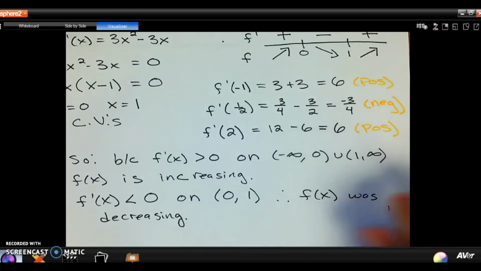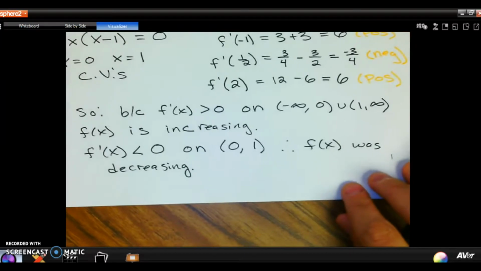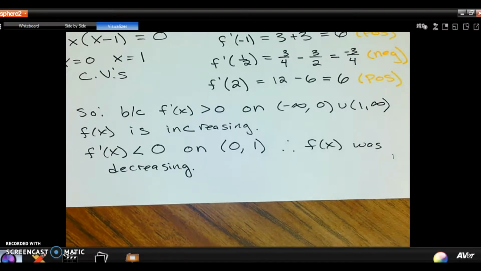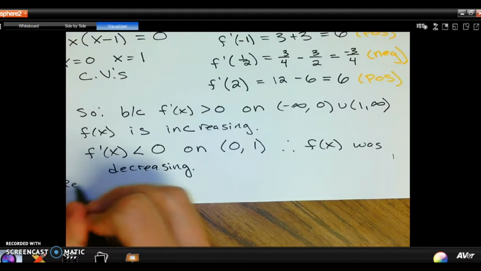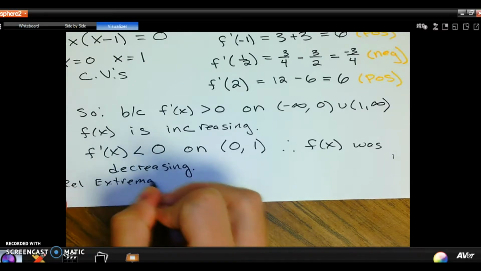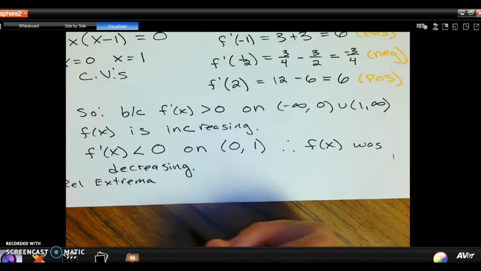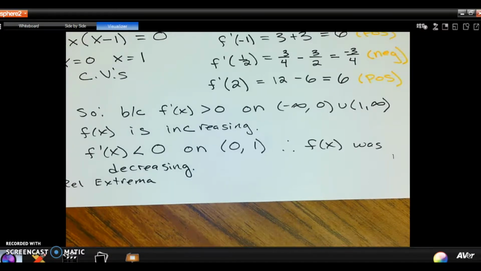So make sure you're answering the full question. I'm not even quite done with this one yet, because the last part of the question says find the relative extrema. So if it says to find the relative extrema, well, I have to go back and plug in. Now, when I plug in for the extrema, I'm going to have to plug into the original, okay?